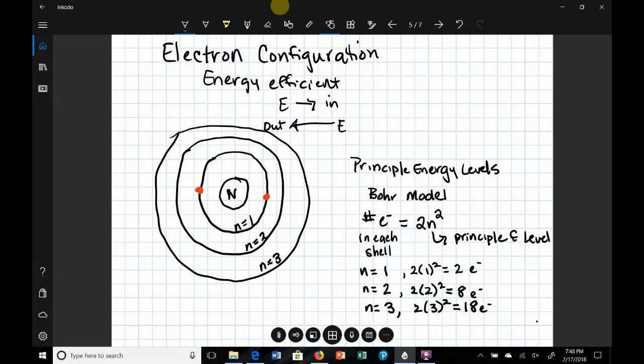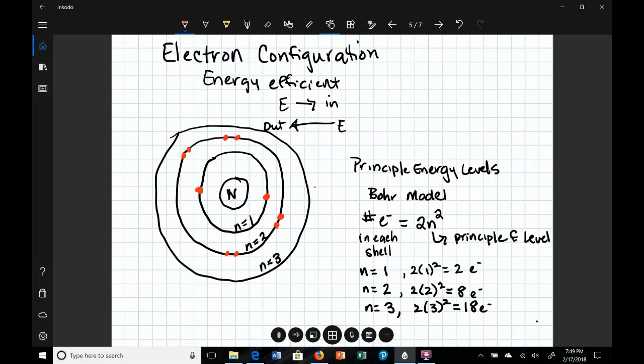All right. So for ease, I'm just going to show electrons in energy level number 2. All right. Now, that's the Bohr model of the atom.